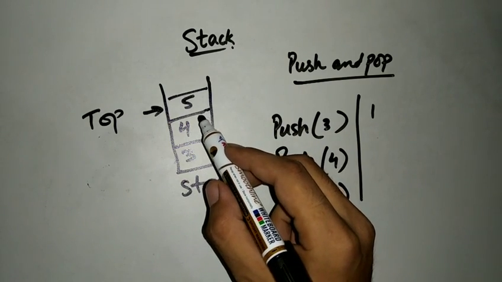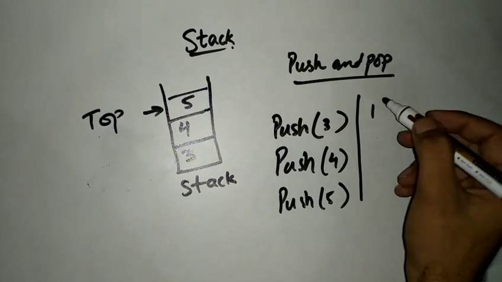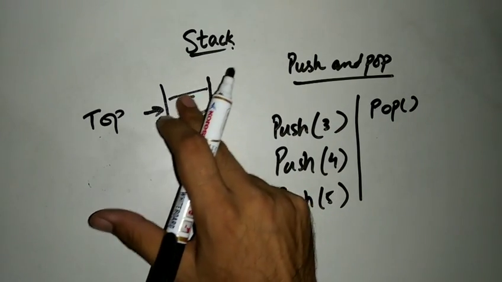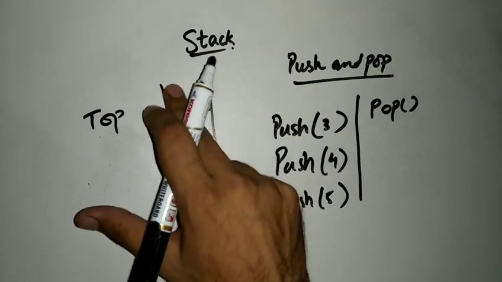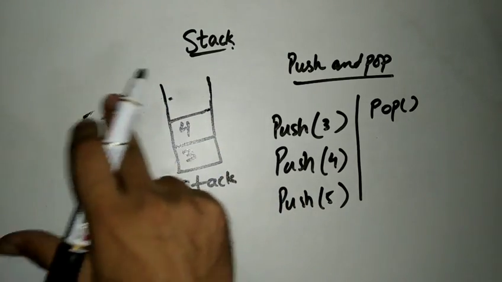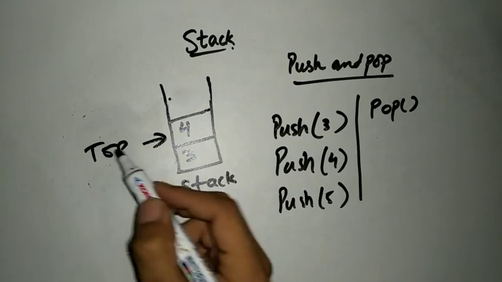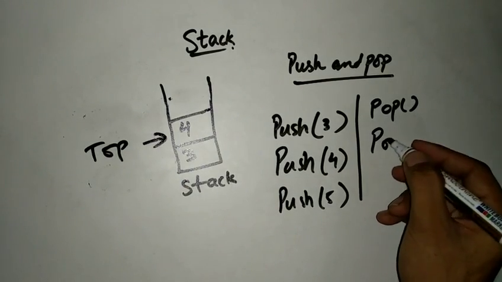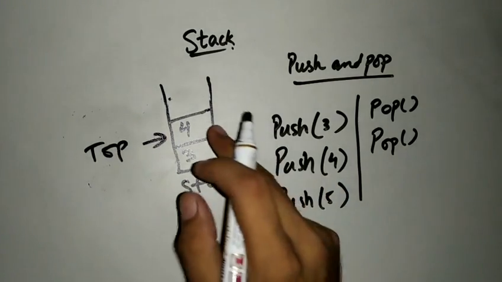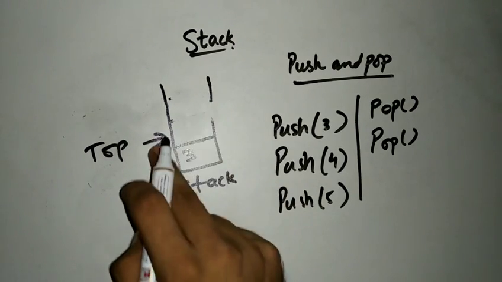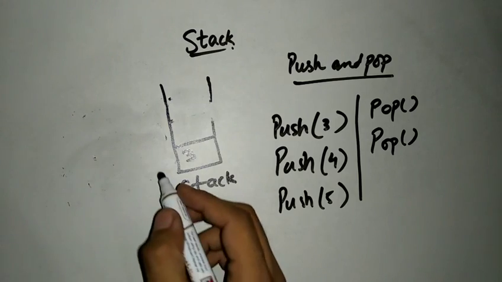Now what is at the top? The top is 5. If we perform pop, we can remove 5. Now 5 is removed and top becomes 4. This is our top. Now if we perform pop once again, then 4 is removed and the top becomes 3.